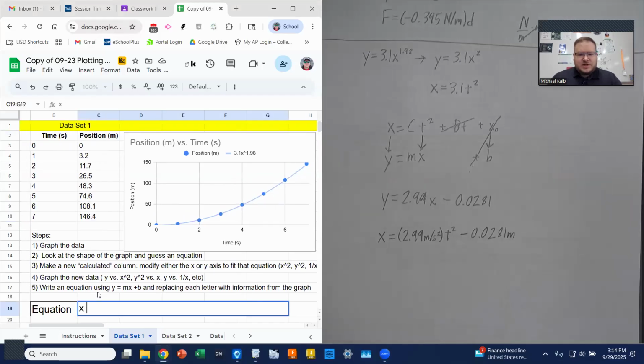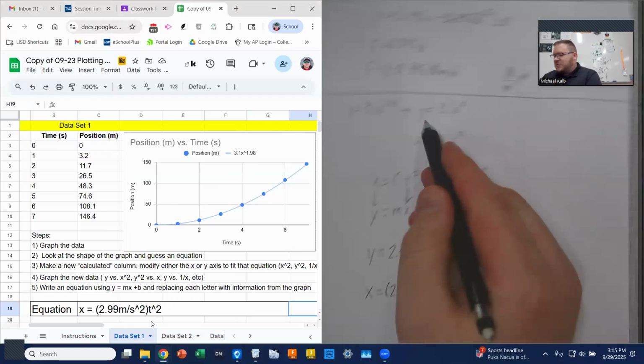The position is equal to 2.99 meters per second squared times time squared minus 0.0281 meters. But this is so small that I think we can, compared to what we have, neglect that as 0 and just drop that. All right, so there we go. That's the equation for data set 1, and that's how we linearized it.